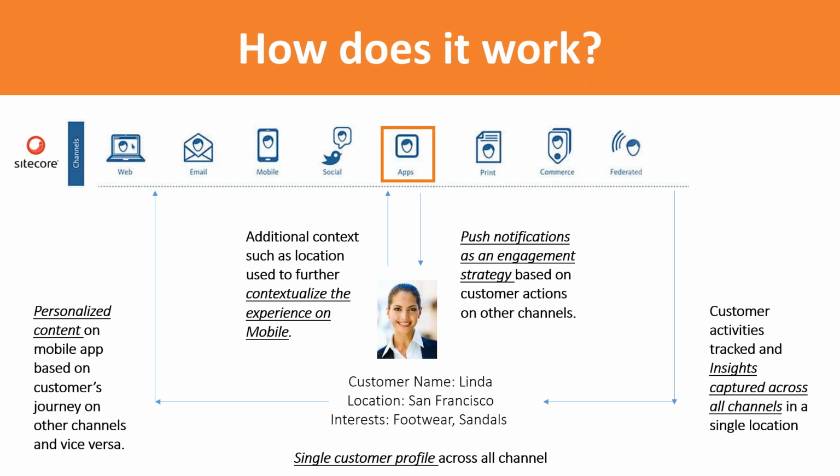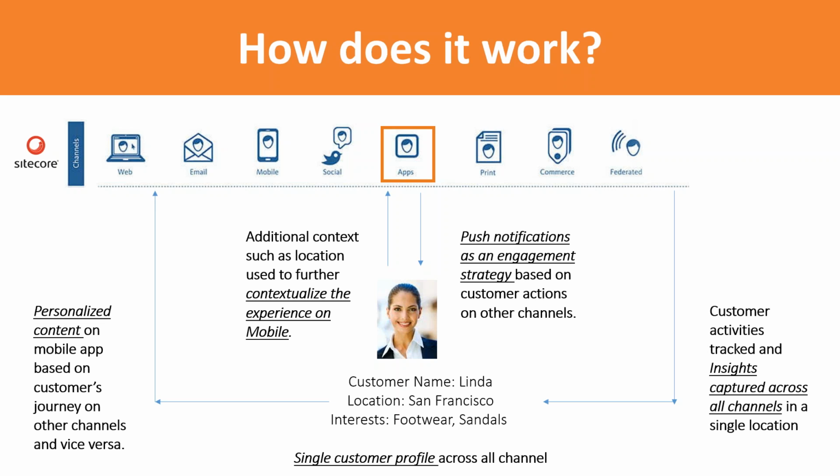there's a customer who's browsing certain products and has shown interest in making a purchase digitally. But now through the mobile app, you know that this customer is actually standing in front of a store and probably going to make a purchase decision. So you know the location, you know the intent, you know the customer's buying behavior and their browsing history.